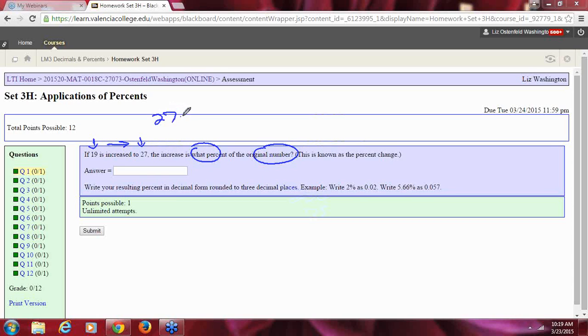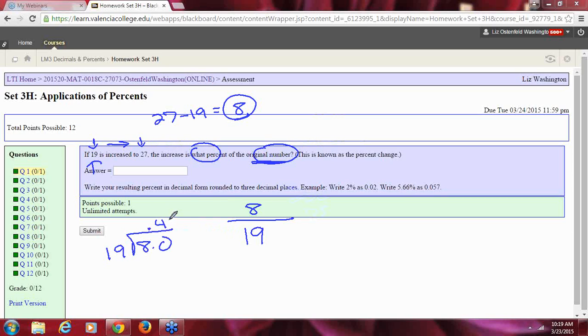So the difference means to actually subtract. You're going to get 8. So then it tells you what percent is that of the original. You're going to take that difference, which is 8, and divide it by the original number, which was 19. So of course, 8 divided by 19 is going to give you some sort of decimal.